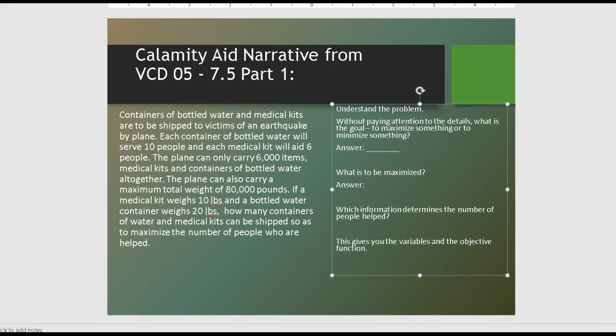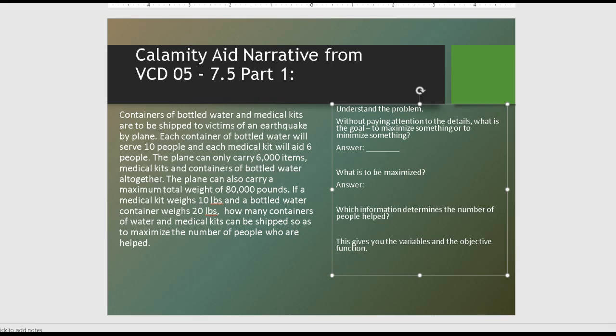This time I want to show you how to read a problem and come up with those parts of the linear programming formulation: the objective function, the goal, the variables, and the linear constraints. The rest will be mechanical because you will solve the problem in Desmos.